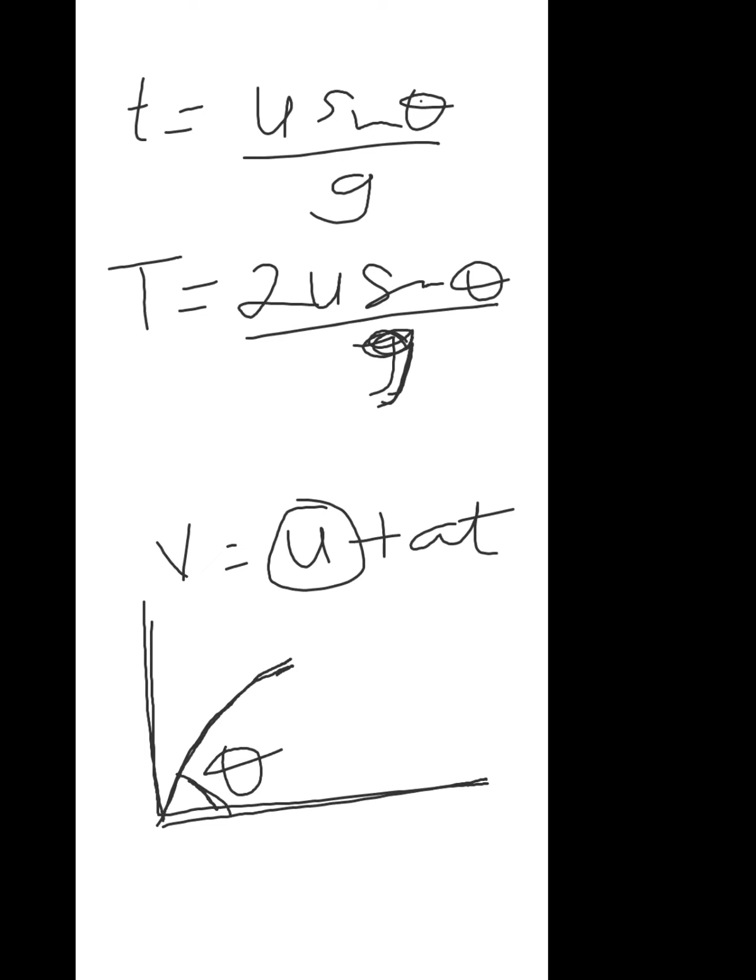As this projectile is moving up, it will get to a point which I call the maximum height, where the object will momentarily stop and then begin to move downwards. The very important thing to note is that the time it takes to get here is the same time it will take to go back down to the horizontal place where it was projected.